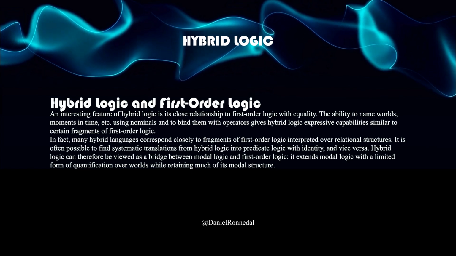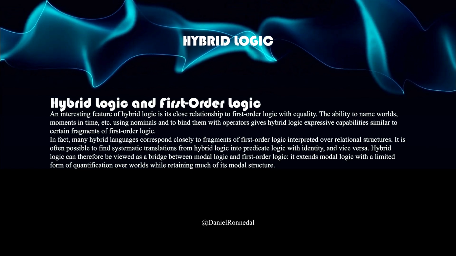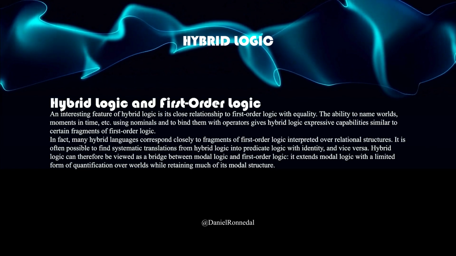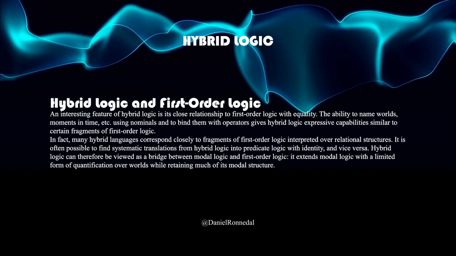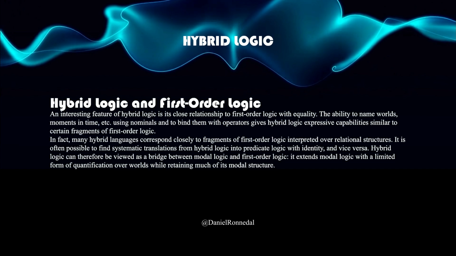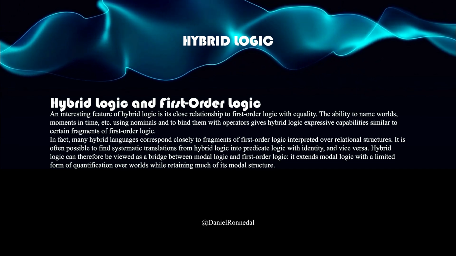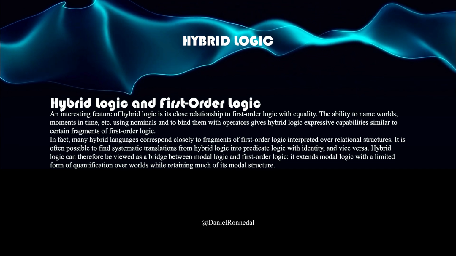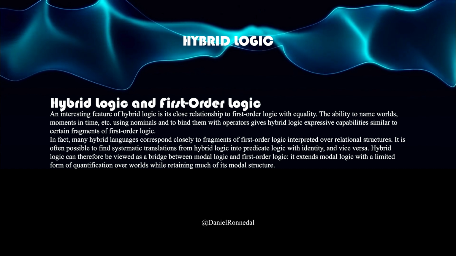It is often possible to find systematic translations from hybrid logic into predicate logic with identity, and vice versa. Hybrid logic can therefore be viewed as a bridge between modal logic and first-order logic. It extends modal logic with a limited form of quantification over worlds while retaining much of its modal structure.